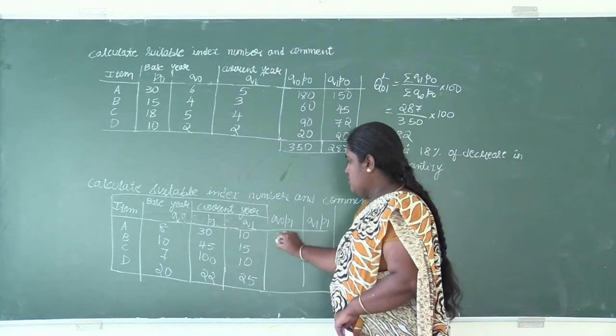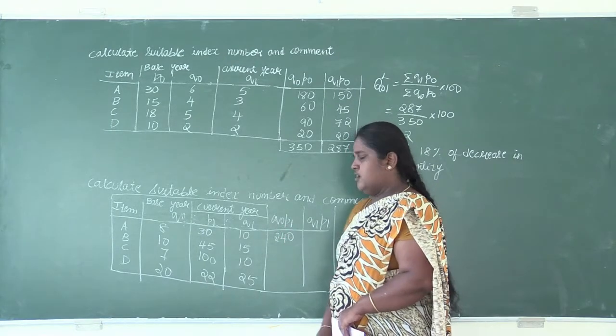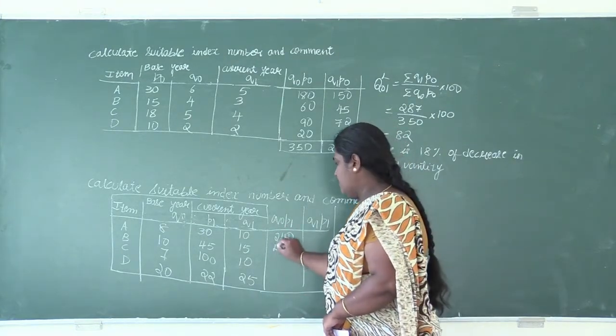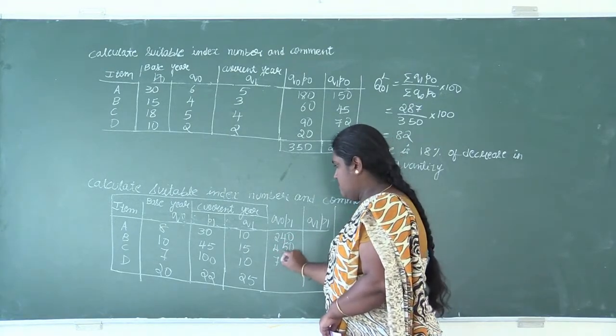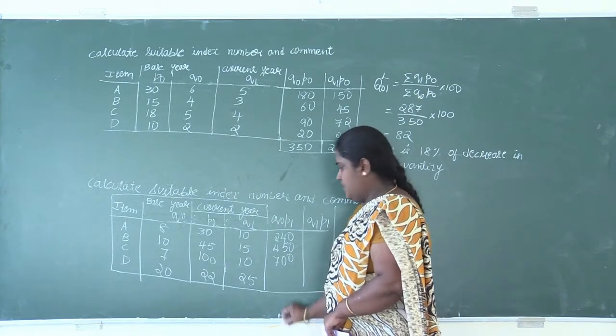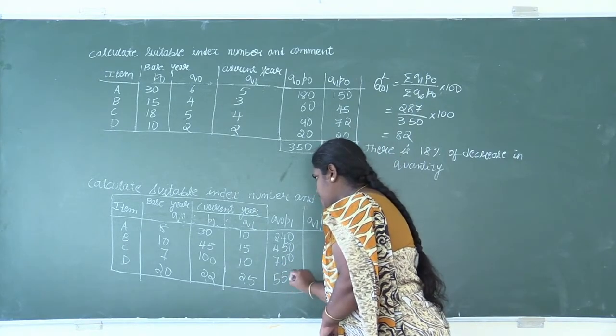8 into 30, 240, 10 into 45, 450, 7 into 100, 700, 20 into 22, 550.